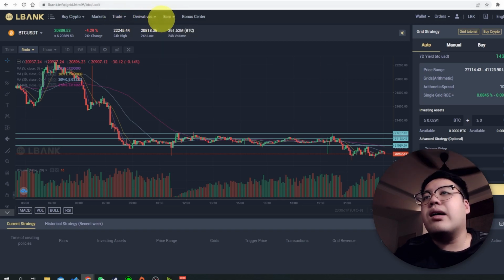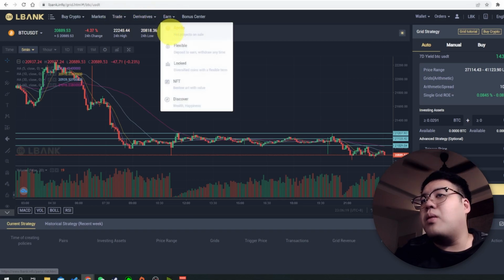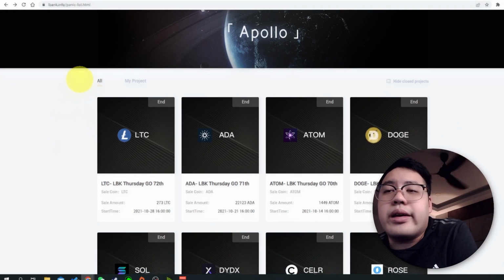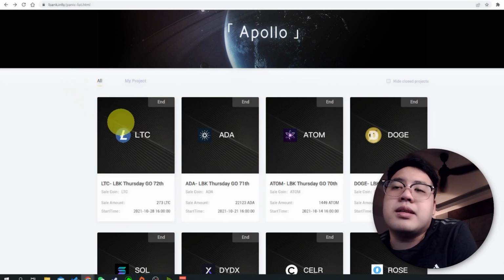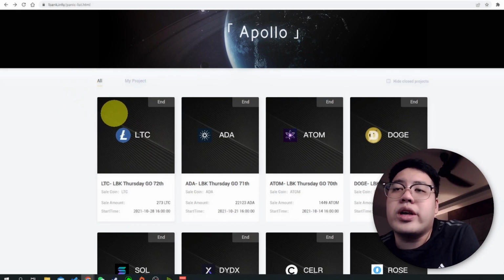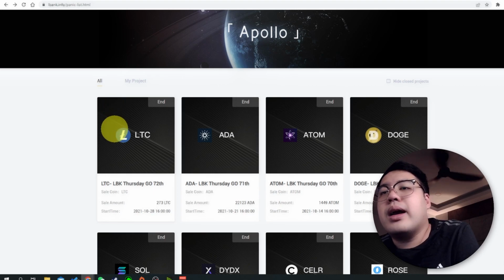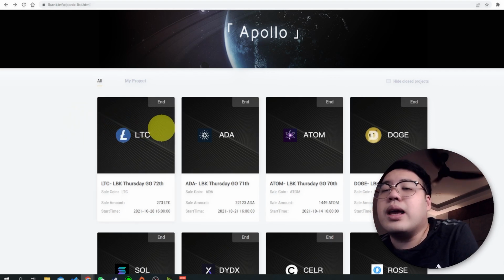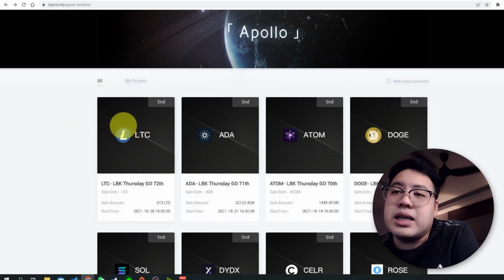Other than that, of course, there is Earn Apollo, whereby you can use LBK. LBK is the native token that I mentioned earlier, so if you have LBK, you are able to participate in Apollo events.